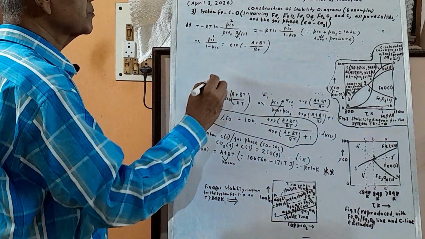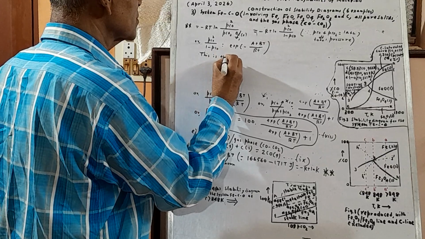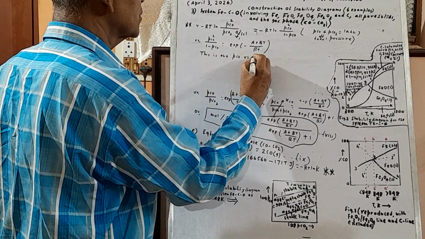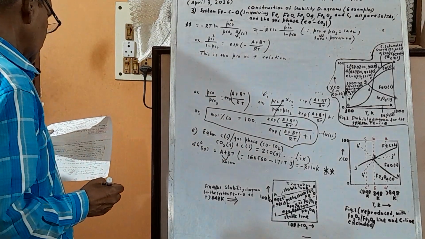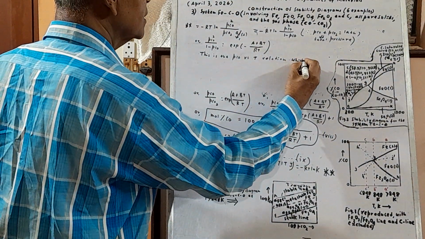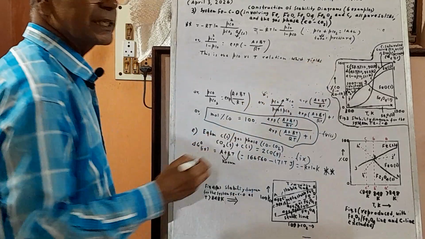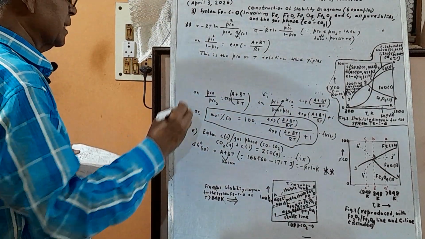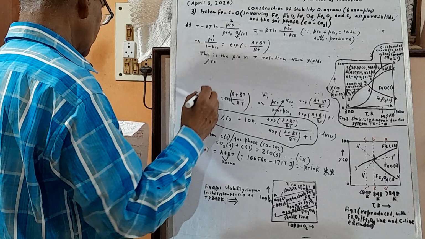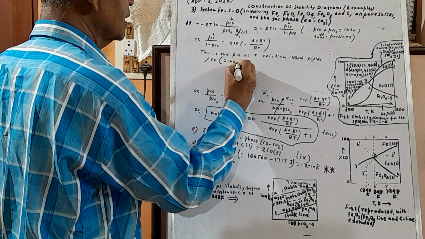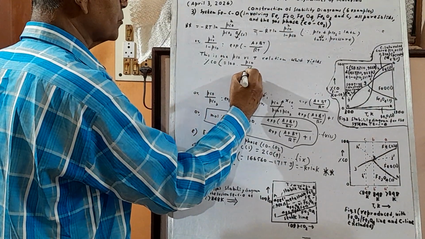This is the relation, which is percentage CO. This is PCO versus T, which is percentage CO, nothing but 100 times PCO by total pressure P total, which is 1 atmosphere.